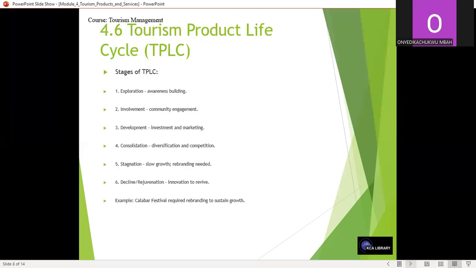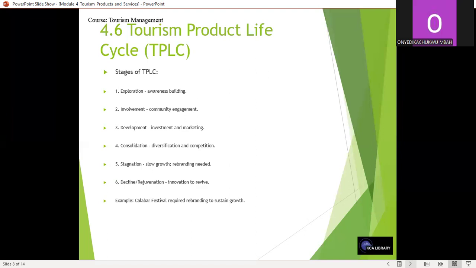Now we have what we call the tourism product life cycle, TPLC, and there are 6 stages. One, exploration, that is building awareness. Two, involvement, community engagement. Three, development, investment and marketing.